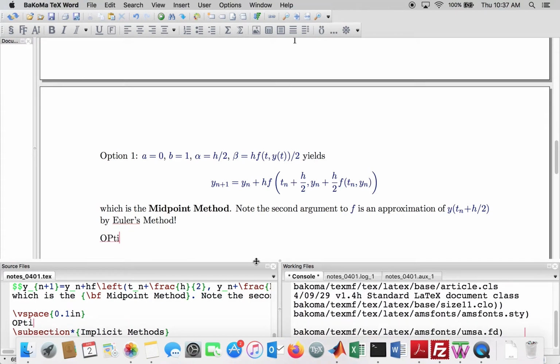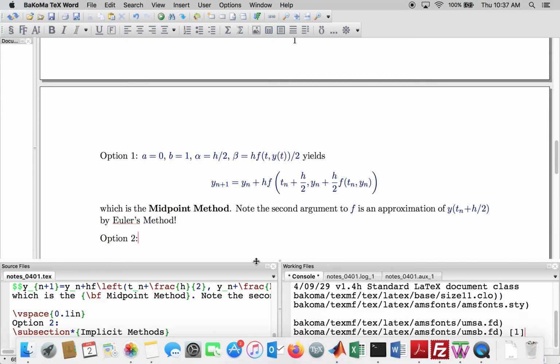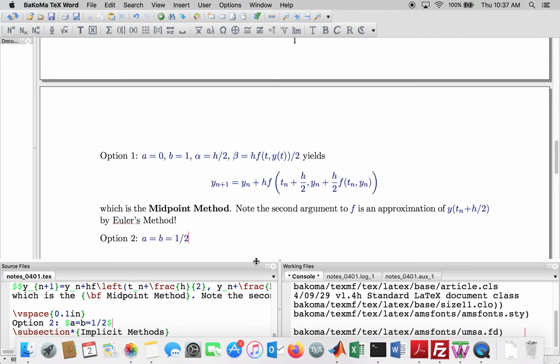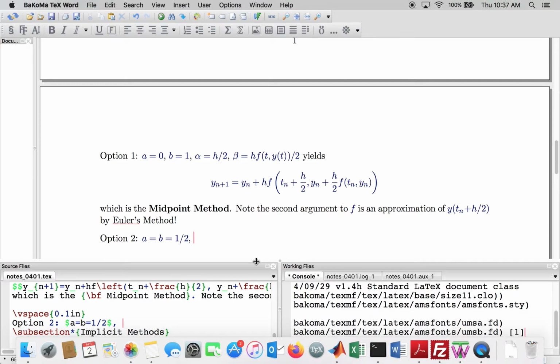Option 2, we have a and b equal to 1/2. So that would mean that, let's see, I'll start to write the method.